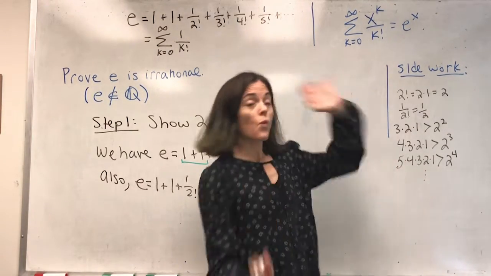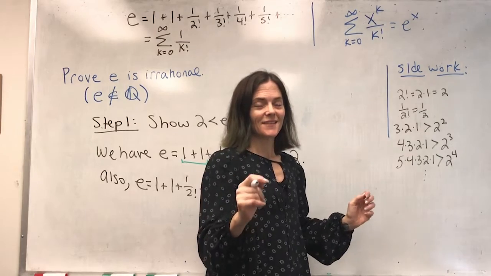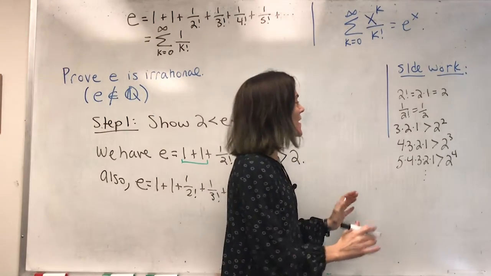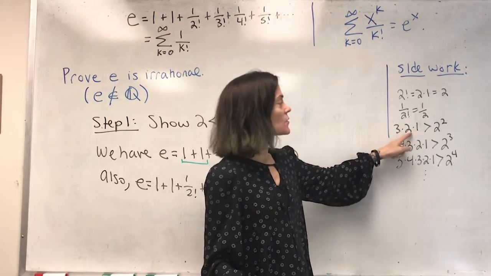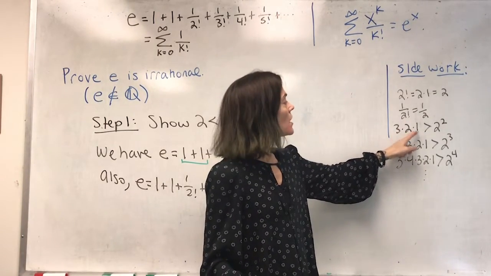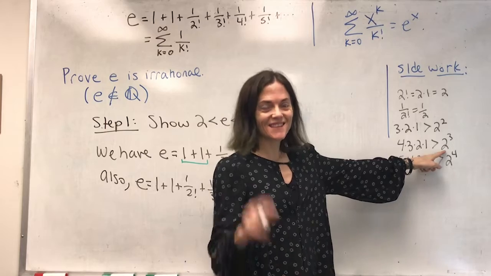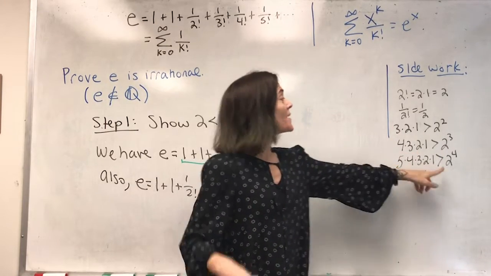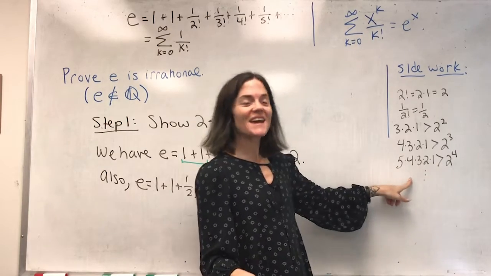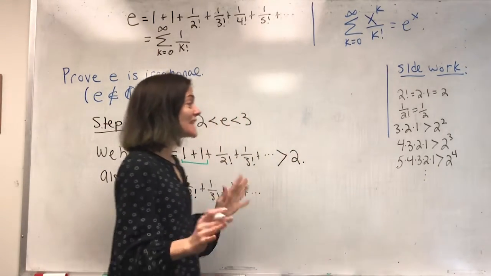Now, what does that mean for the fraction? Well, when I take 1 over, it switches the inequality. So here, 1 over 2 squared is greater than 1 over 3 factorial. 1 over 2 to the 3 is greater than 1 over 4 factorial. 1 over 2 to the 4th is greater than 1 over 5 factorial, like this.